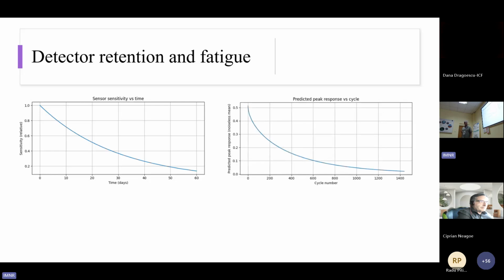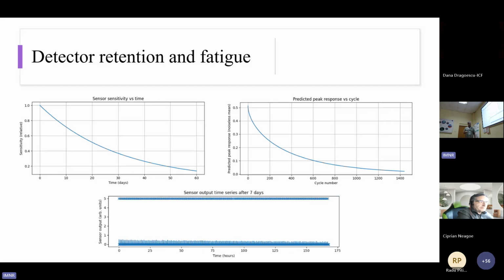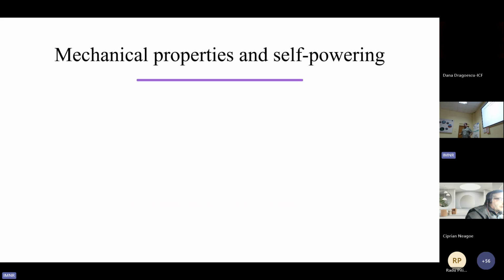For the predicted peak response versus repeated uses, again, after around 75 to 100 uses, the peak response reaches around half of the initial value. And after 7 days, the sensor output has a very low variation, which allows us to use it over multiple periods of time.